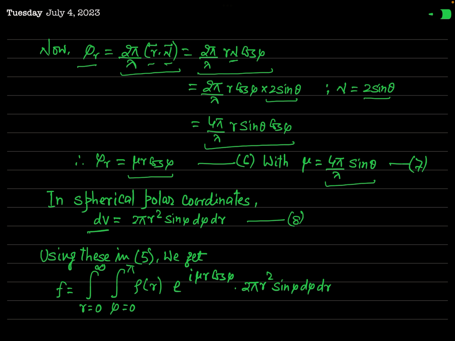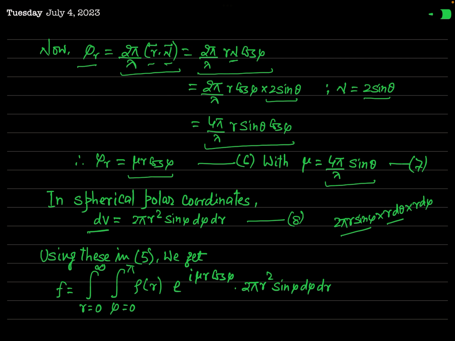In spherical polar coordinates, a volume element is defined as a thick shell whose periphery, or length, is equal to 2 pi r sine phi, its breadth is r d theta, and its width is r d phi.